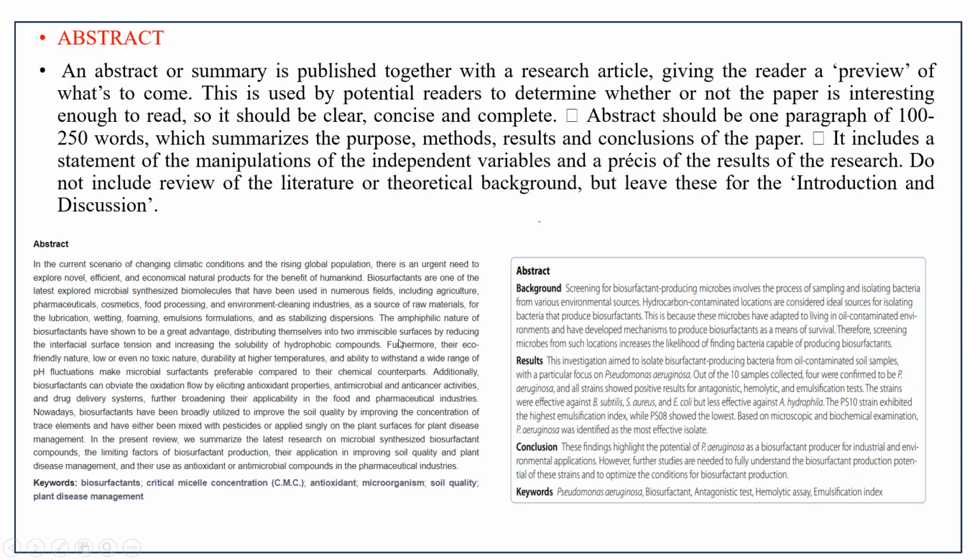So when you are writing a review paper abstract, you have to write a few pieces of general information, and after that you have to write the purpose of why you want to write a review on a particular topic and what the importance of that topic is. That all should be included in the abstract.